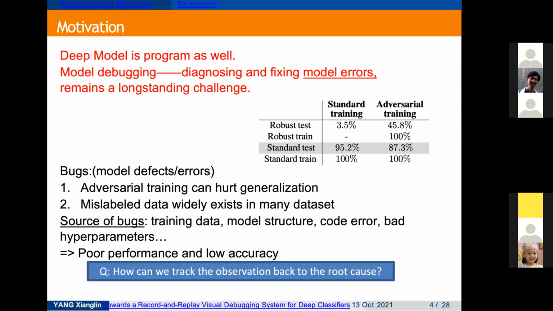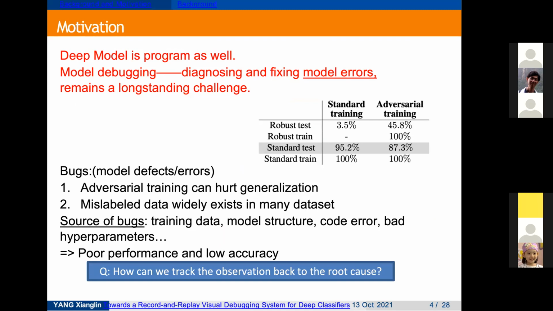But note that a deep model is programmed as well, and if it's a program, it can have some bugs. However, model debugging, which means the process of diagnosing and fixing model errors, still remains a long-standing challenge.